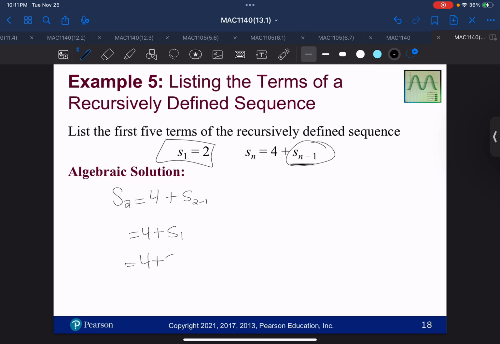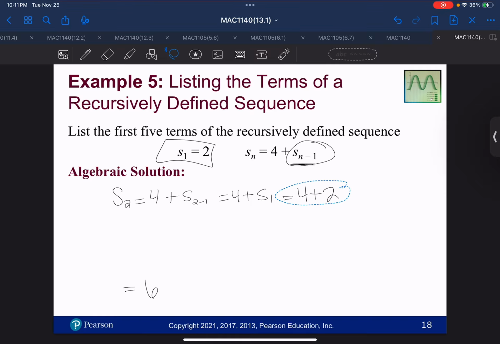So this would be 4 plus 2, which is 6. And I should really write this horizontally so I can do all of them. Okay, let me use, that's an S, not a 5.